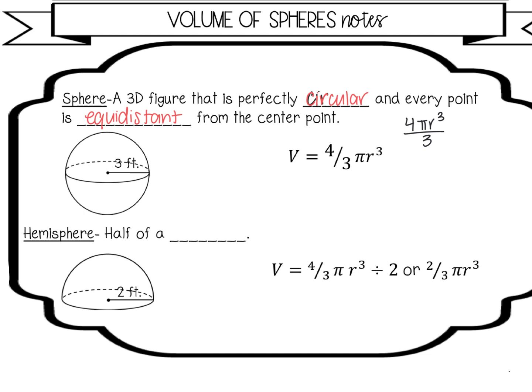And then a hemisphere, you guys should know that word from history, is half a sphere. So when you're looking at it, how am I writing my hemisphere? Instead of writing it as 4 pi r cubed, I'm writing it as 2 pi r cubed, still dividing by 3. So I'm really taking this one and rewriting it. Finding what we have, I have my radius, and I'm going to plug it in.